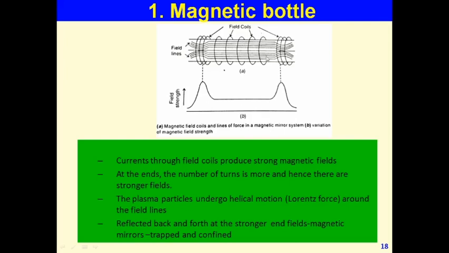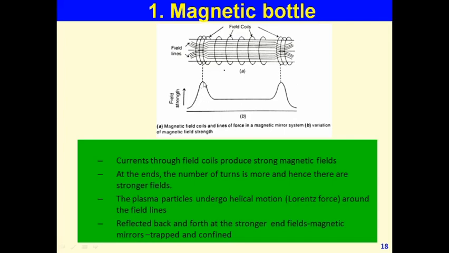So these are some field coils through which currents can be passed, and the number density of the coils is more at the ends. So here there are more coils per centimeter than in the middle portion. That means the principle of a solenoid. Whenever a current passes through a coil, you will have a magnetic field, and if the number of turns is more, you will have a higher magnetic field.